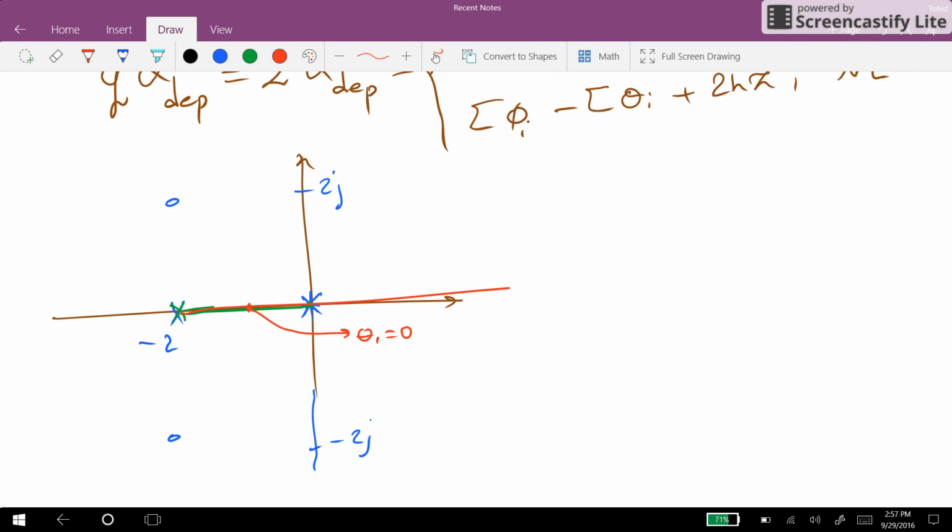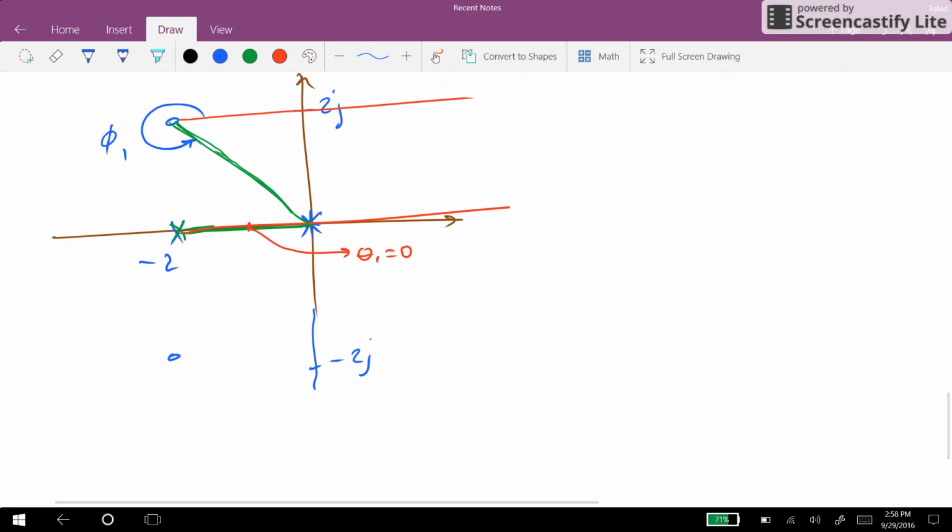For the zeros, again, we connect the zero to the origin, draw a line from the zero towards plus infinity, and find this angle, which is phi 1. For the second zero as well, we find this angle, which is phi 2.